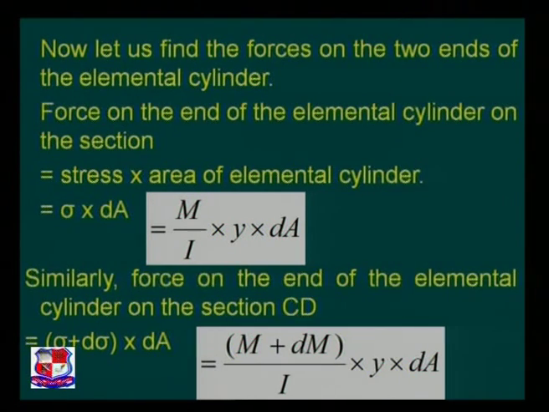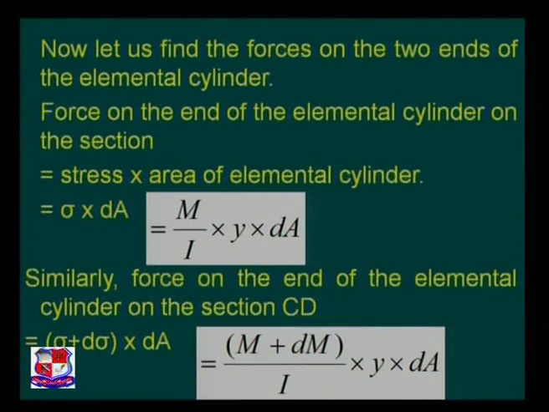While the force on the end of the elemental cylinder at section CD is the stress multiplied by area, that is sigma plus d sigma into dA. If you put the value of sigma plus d sigma, that is nothing but M plus dM divided by I into y into dA. So these two values are nothing but the forces at the ends of the elemental cylinder.